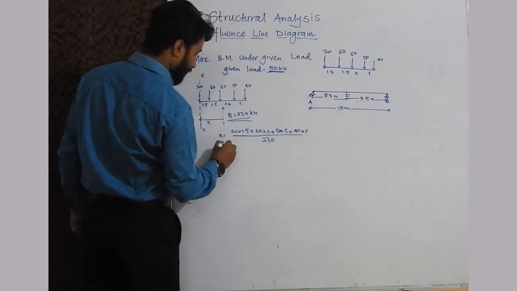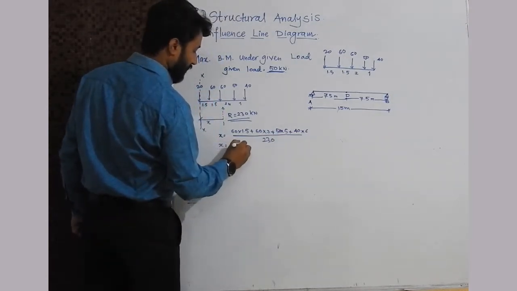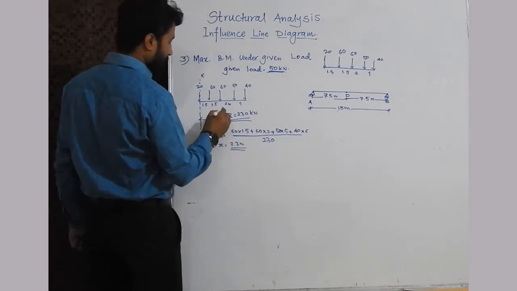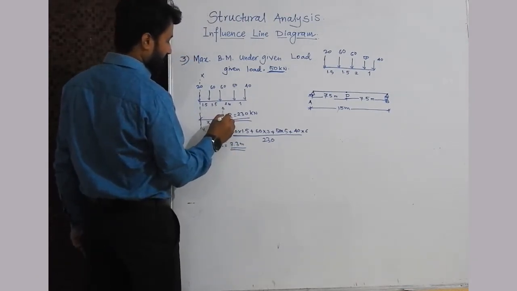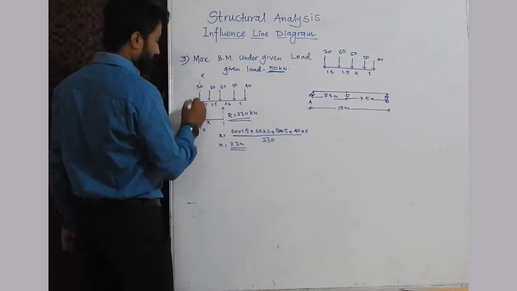So we get the value of x as 3.3 meter, which is at a distance of 3.3 meter from this 20 kilonewton.